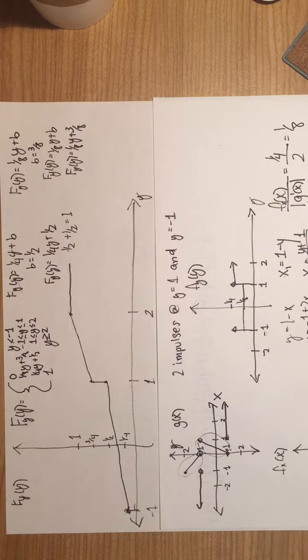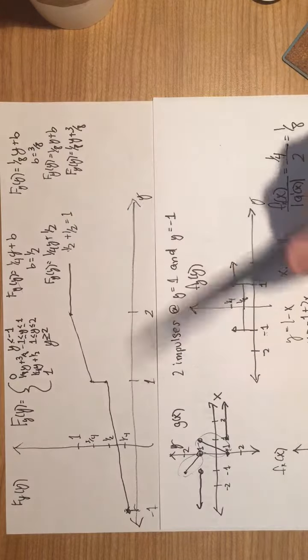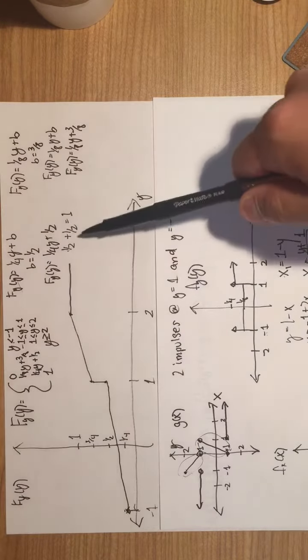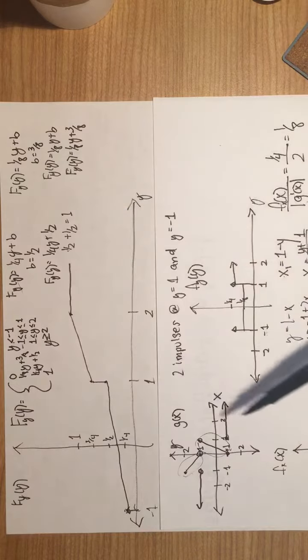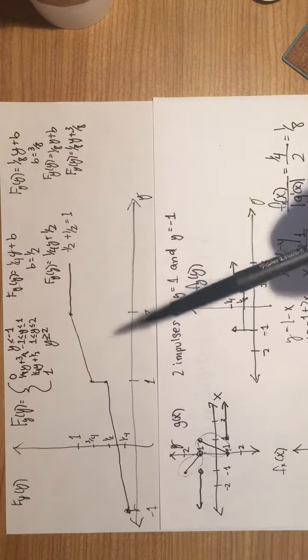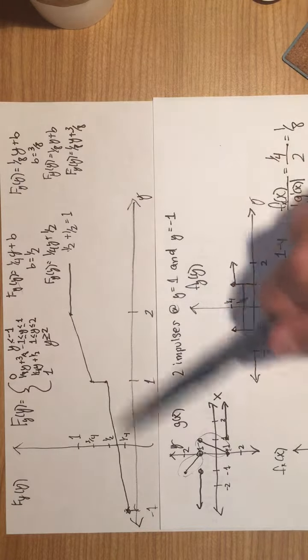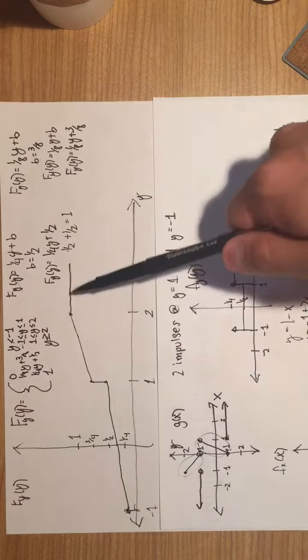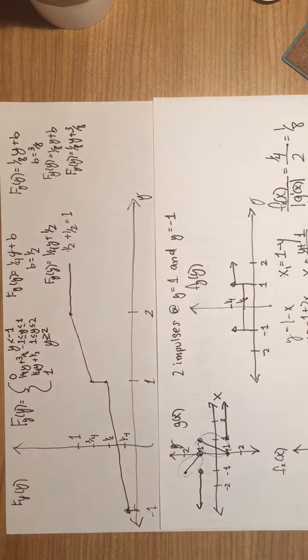I wanted to find big F of y at 2, so I plugged in y equals 2. 2 times 1/4 is 1/2, and 1/2 plus 1/2 is 1. So when y equals 2, big F of y equals 1. You have two points, connect them. Then it flattens out at 1 when y is greater than 2.